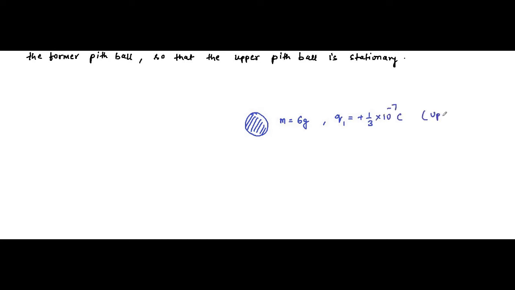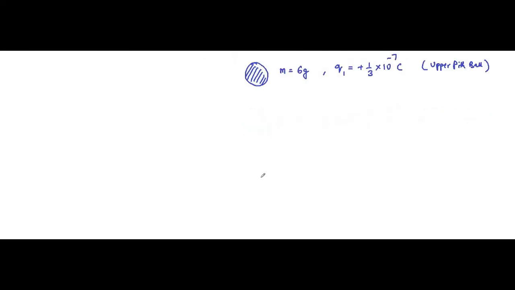This is the upper pith ball. Now we have below it another pith ball, exactly 0.05 meter below it. Now the charge on it is unknown, we have to calculate it, the lower pith ball.